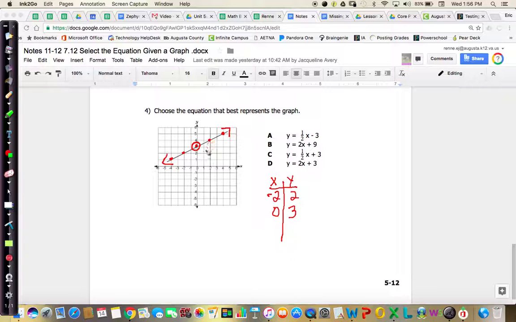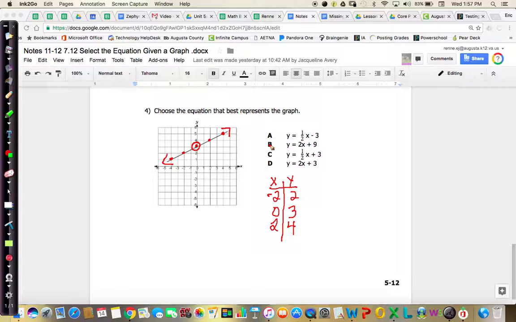And then we're going to use this one, so this is over 2, up 4, so it's 2, 4. Okay, now, the target is 3, so that passes through the y-axis at 3, so the y-intercept is 3.